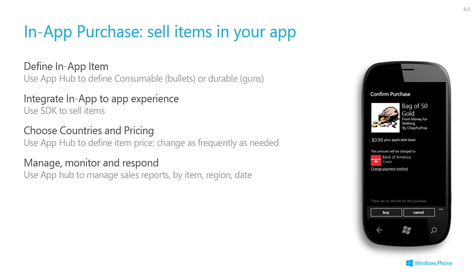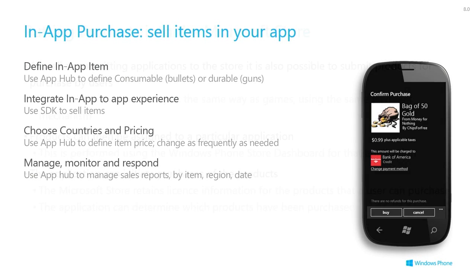And you also choose the countries and pricing, and you manage and monitor and respond, and this is a very important part of the whole process. There's nothing more annoying for a user if they feel that they have purchased something and your app is telling them that they haven't.